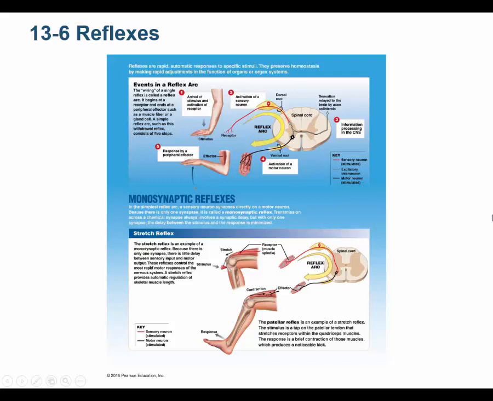This is showing you a monosynaptic reflex, right down here in the bottom. The stretch reflex is one of the few monosynaptic reflexes. Without going into the great detail of the muscle spindles, I have to go into detail about a stretch reflex later. But without talking about muscle spindles, this is basically what happens.